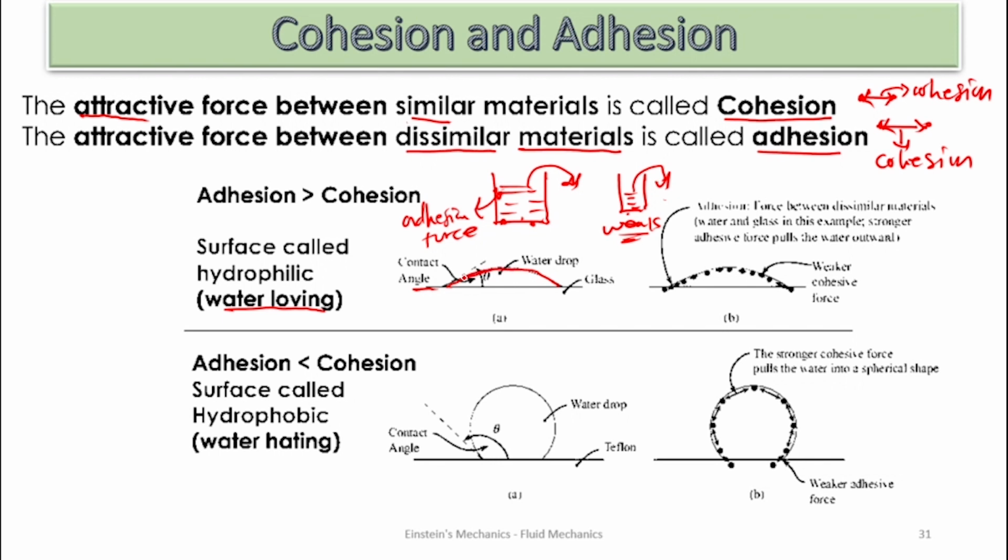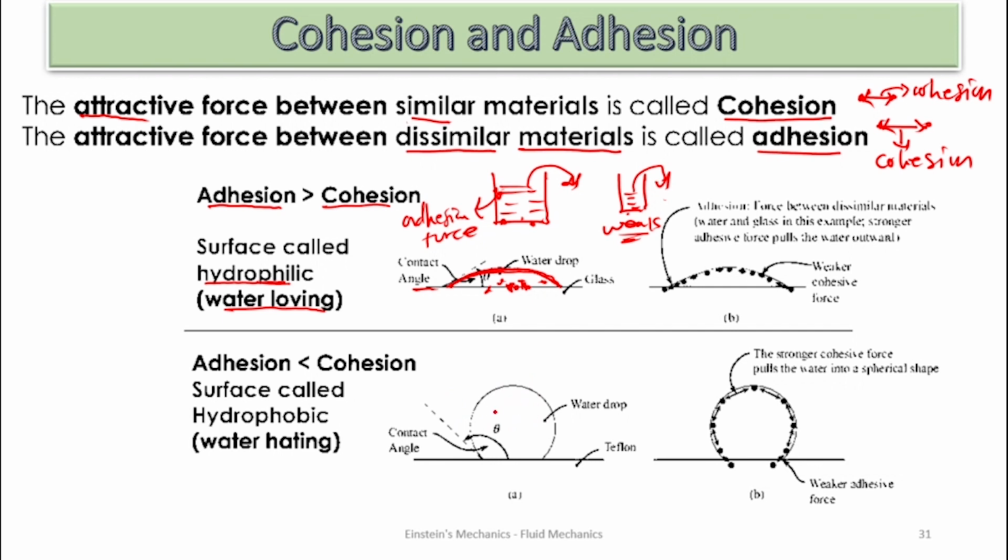So if water drops on the floor, this curvature is formed, meaning the adhesion force is greater than the cohesion force. And such phenomena, when the adhesion force is greater than the cohesion force, we call hydrophilic. The surface is called hydrophilic, meaning water loving. The particles and the surface have a greater force of attraction between themselves, and it's called adhesion.